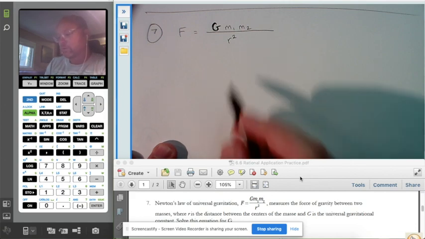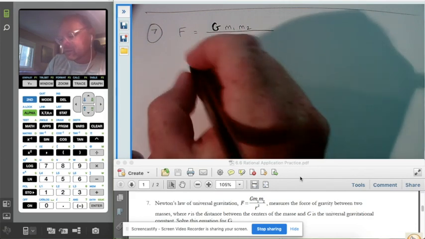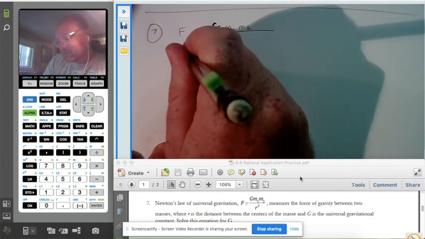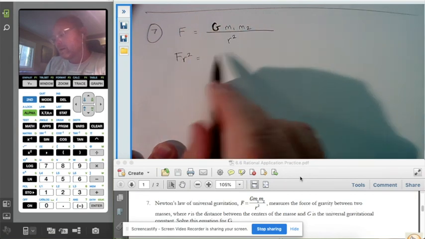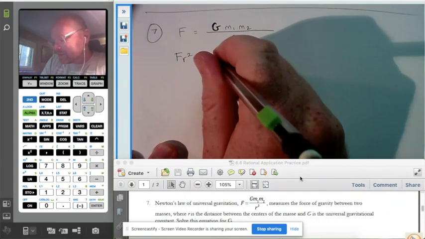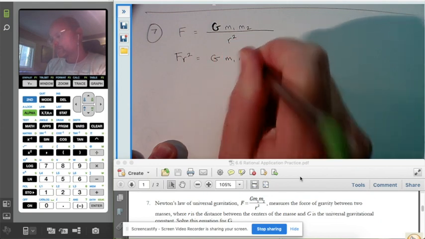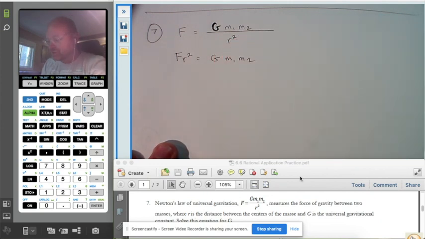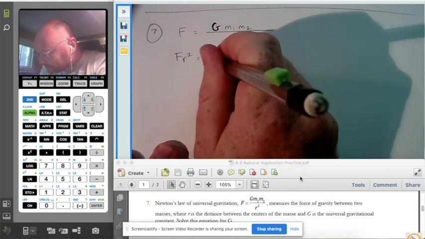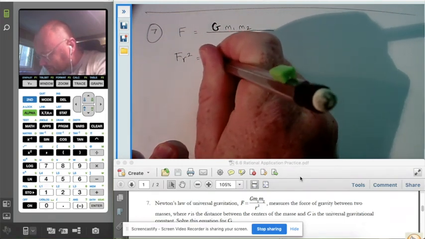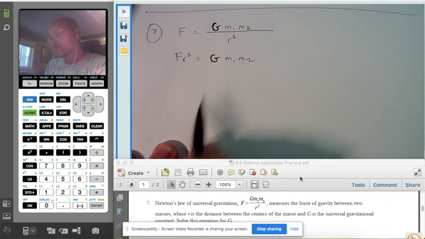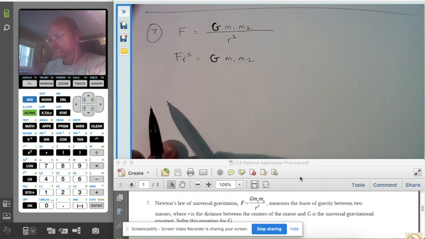So step 1 would be multiply both sides by r squared. So I would end up with F times r squared on the left. And on the right-hand side, I would just have the numerator, gravitational constant times mass 1 and mass 2. Again, I'm trying to get g by itself. So I now have g being multiplied by mass 1 and mass 2. All you need to do is divide both sides of the equation by those two masses.